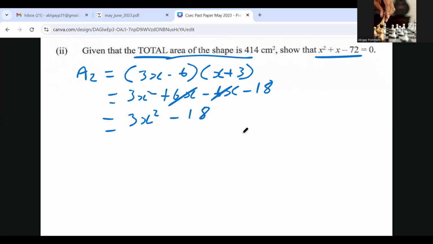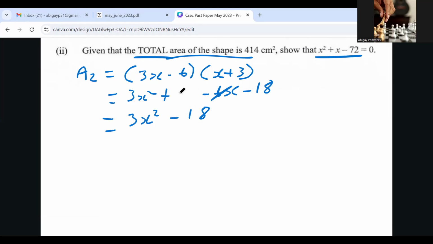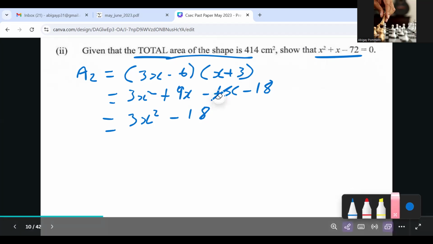So it will be 3x. Hold on. Let me see, something is wrong here. 3x, 3, what's that? It's not 6, it's 9. All right, so it's easy to get confused, it is 9x. So that's why we need to pay attention more. It's very hard when you're having a 2-hour exam.